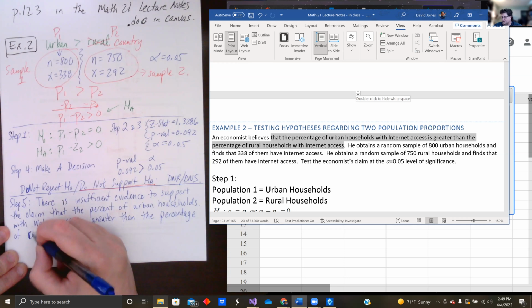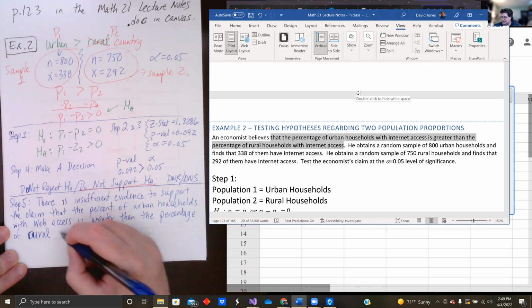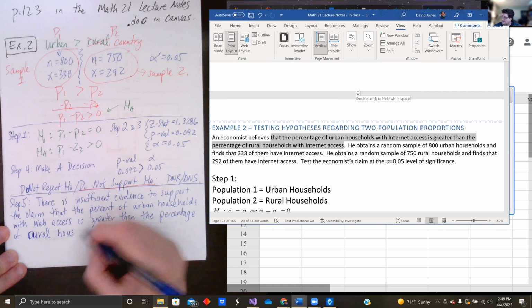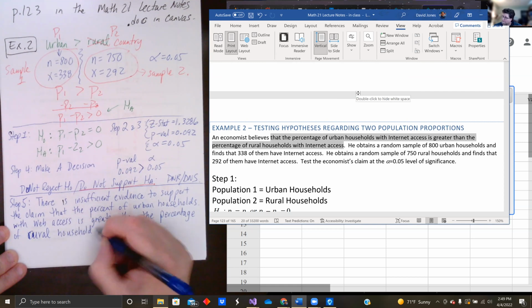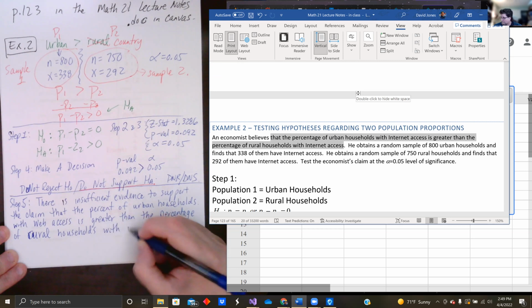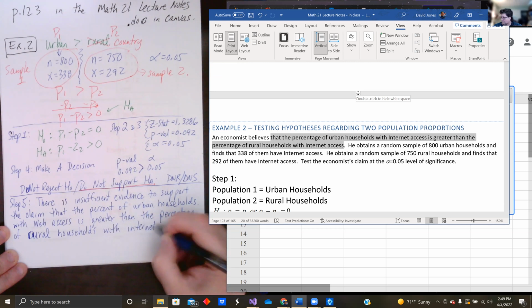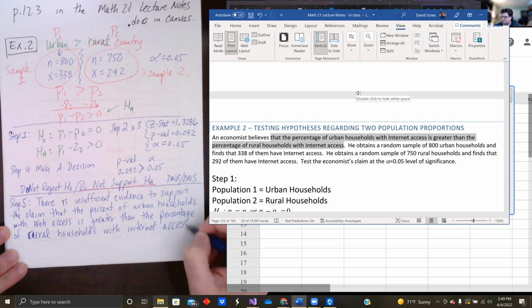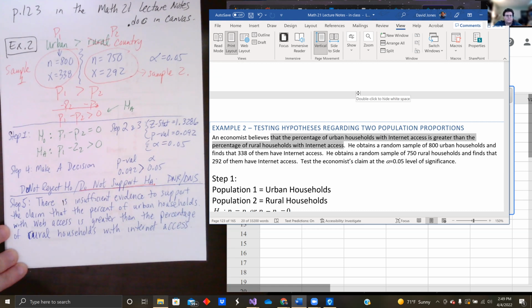I'll use the word they use just because I can't say it out loud very well. Doesn't mean I can't write it. So I'll leave that up for a little bit, let you write it down.